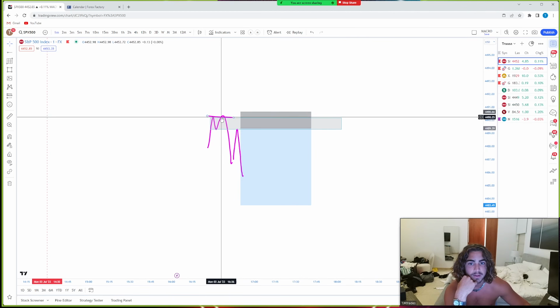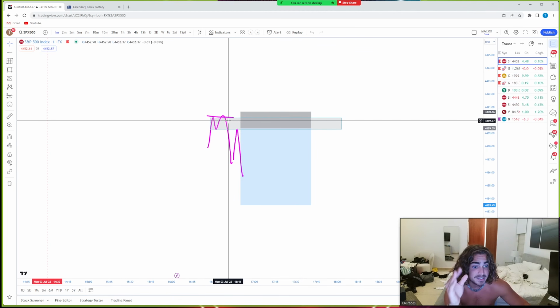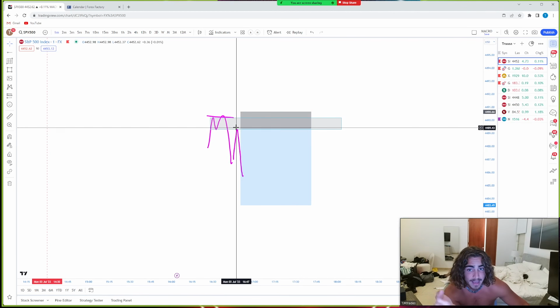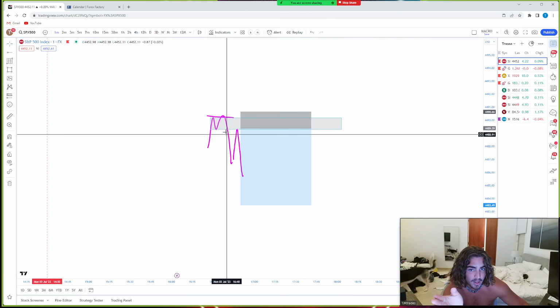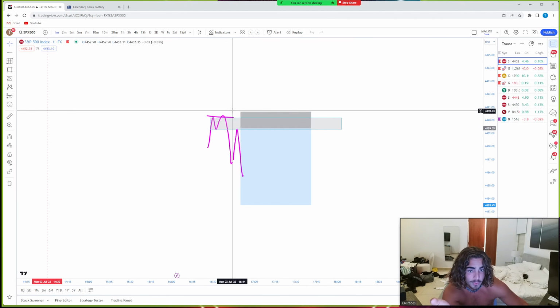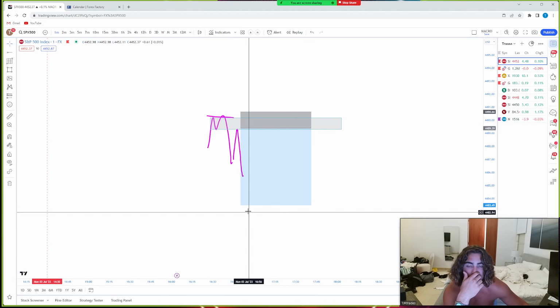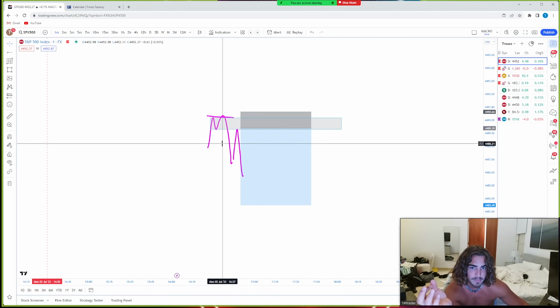But if price ends up coming back above this high, then that means the liquidity sweep was not valid. That means liquidity was not swept, there was not enough volume or volatility, and there weren't enough orders to be filled to push price in our bias and in our direction.